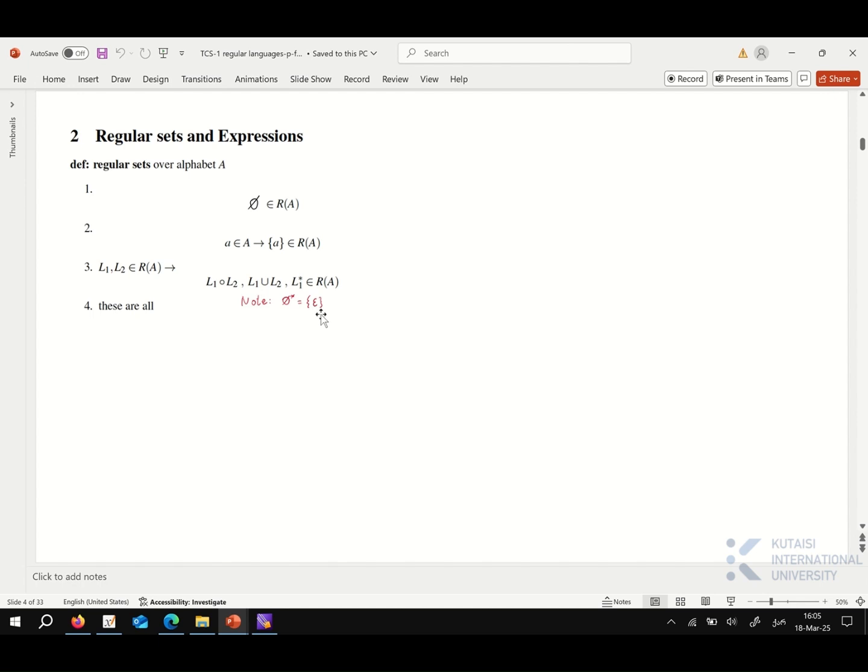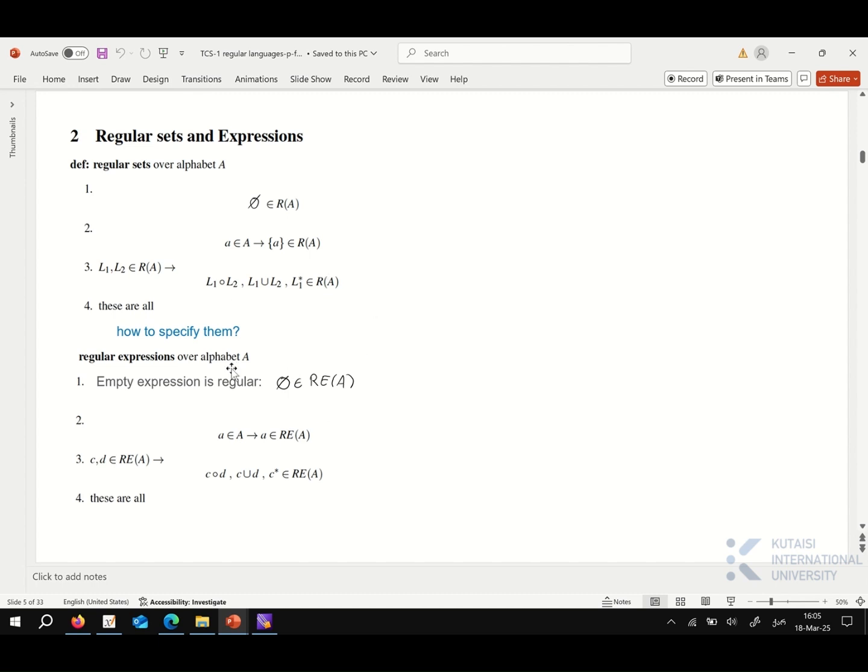So these are different DFAs. Maybe it's a good exercise to construct a DFA that accepts epsilon, and that is different from the DFA that accepts the empty language. So just take a look once again at the definitions of a regular language if you were confused about that.